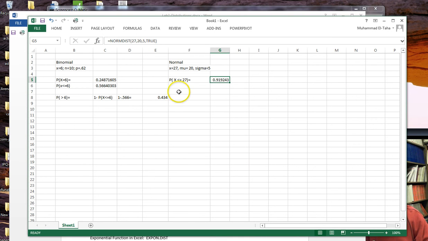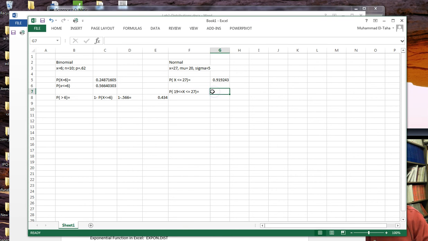So now suppose I want this question, I want the probability of x, let me just modify this, say 19 less or equal to x less or equal to 27. So I want x between 19 and 27. How would I do that?